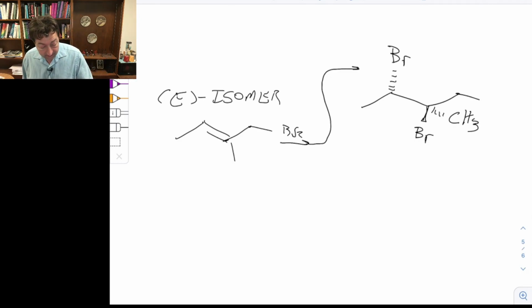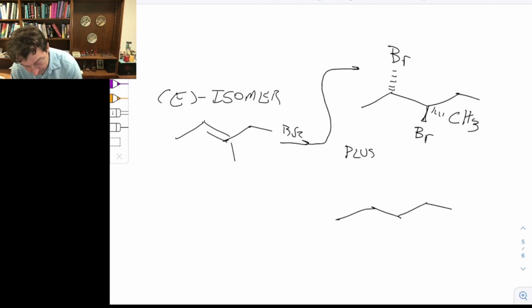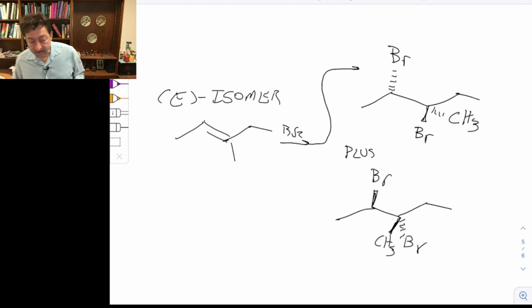Now the other product that we would get from this E isomer here would look like this. So these are both what we would describe as the anti-addition here.